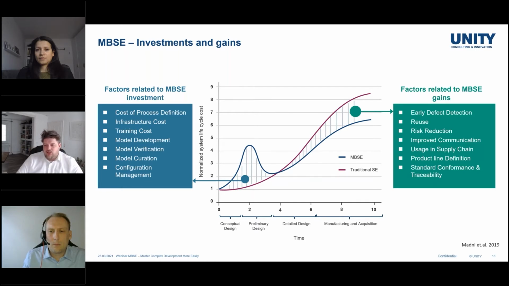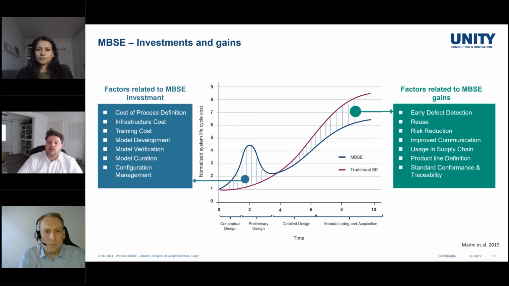But there are also factors related to MBSE gains. Stuff like early defect detection, and especially reuse, especially for more complex systems. And if you're talking about product lines, right? So having an initial investment for the first application of a product line, and going from there, reusing a lot of elements and doing impact analysis on changes. So there's a lot of reuse potential there. Risk reduction by that, as you have better traceability chains.